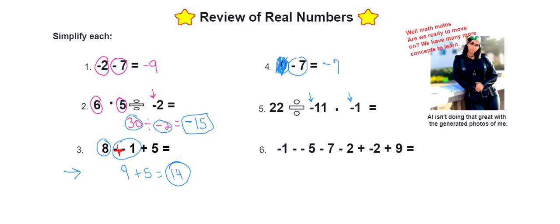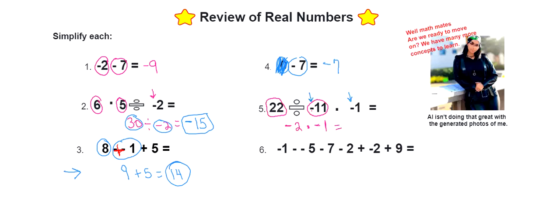I got a +22 and I got a -11. The signs are different, so it's going to be negative. 22 divided by 11 is 2 times -1. Now, let's circle them.